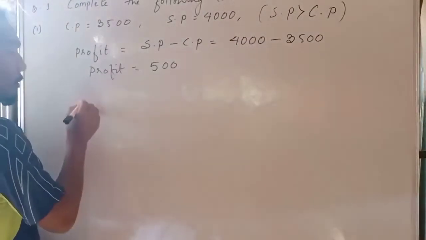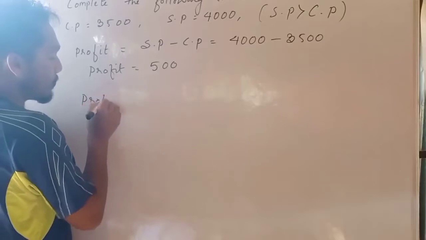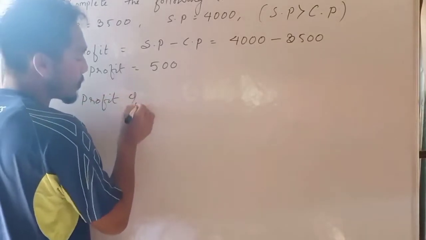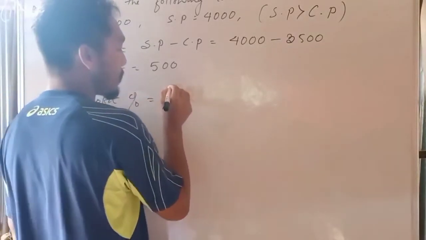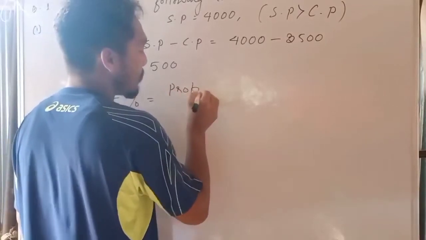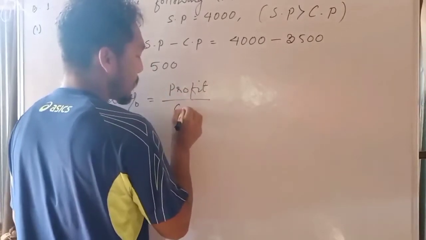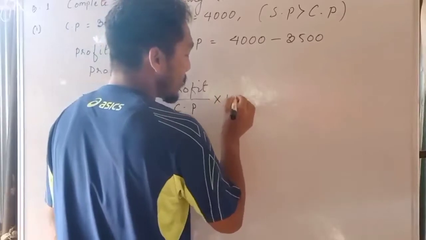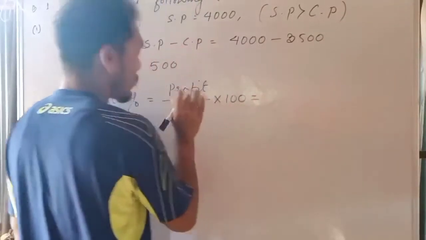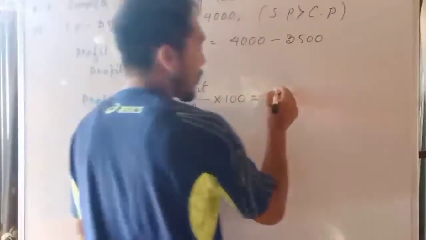Now we are going to find out the profit portion. Profit portion, we already know how to find the profit portion. Profit portion is equal to profit divided by CP into 100. And we already know the profit. We have found out profit is how much? 500.